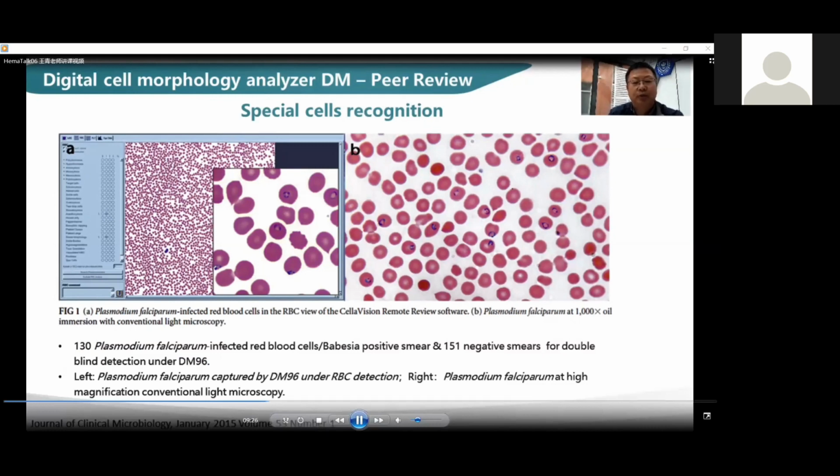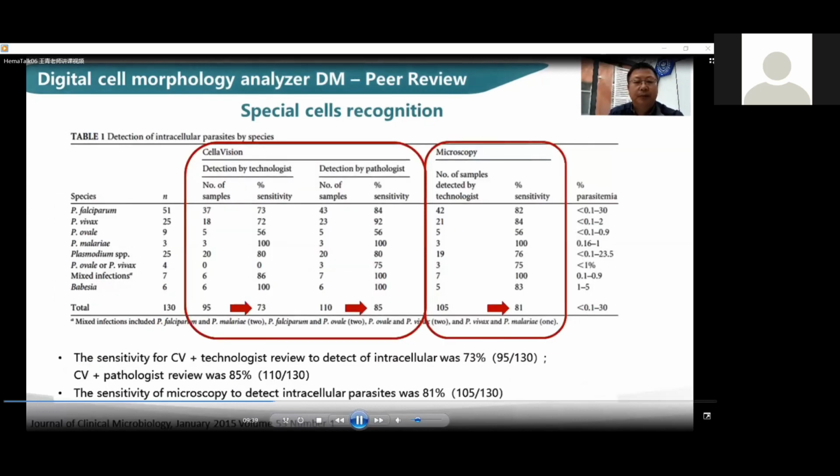We have 130 plasmodium-infected red blood cells, and the B cell positive cells, and 151 negative cells for double-blind detection under DM96. On the left side, you can see the PF captured by the DM96 on the RBC detection.